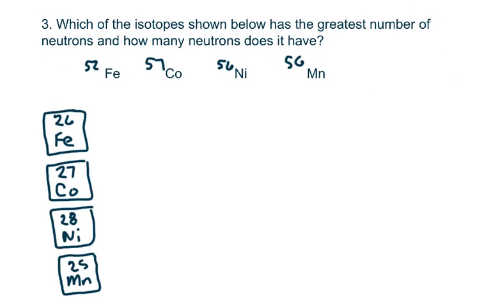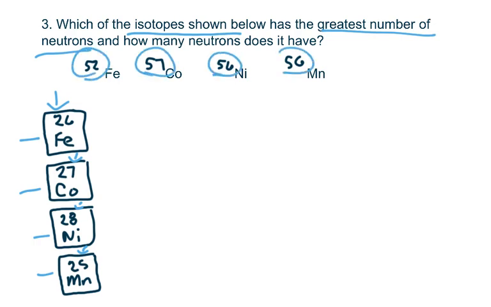Okay, number 3. We're asking which of these below has the greatest number of neutrons. All right, and so we're going to have to figure it out for each one. These are the boxes. So these tell you how many protons each of these nuclei have. These are the masses of each of these nuclei. So neutrons equals mass minus protons equals neutrons.